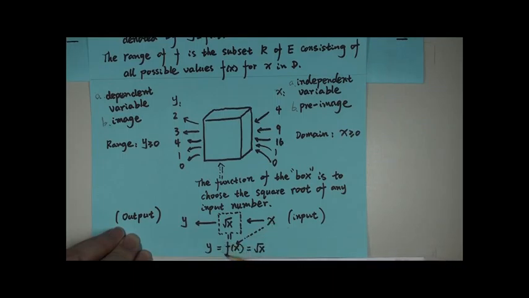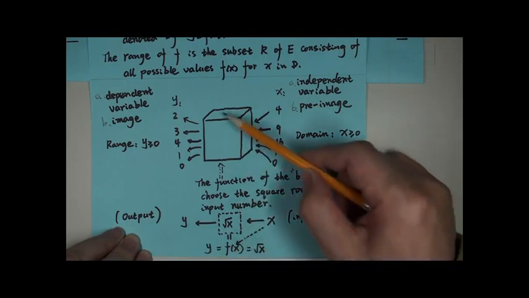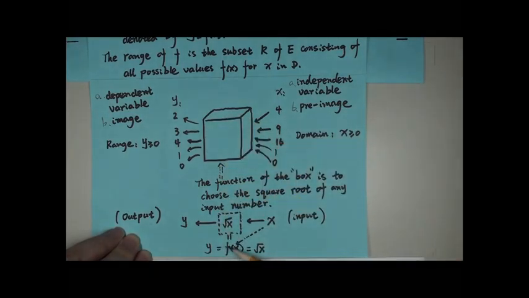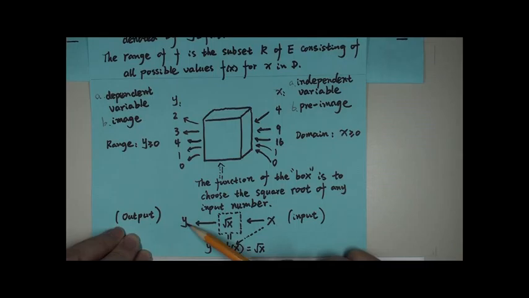So this whole thing: after you input a value x, it is processed in this box by the function of this box, and then you have output y. So the output y is denoted by f of x.